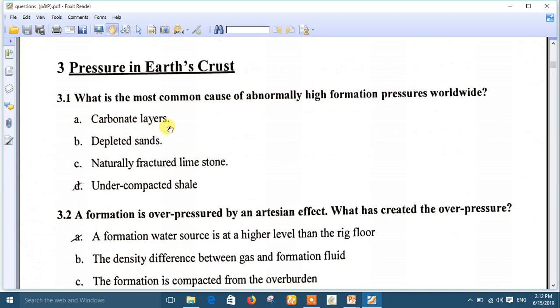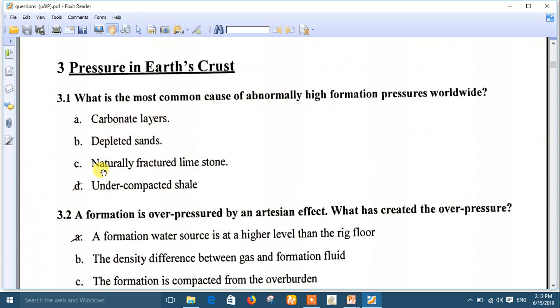No, it is not the main reason for abnormal pressure. Number two, depleted sand. No, also not, because depleted sand means that the pressure of the formation is less than the normal gradient. So it is not the right answer.